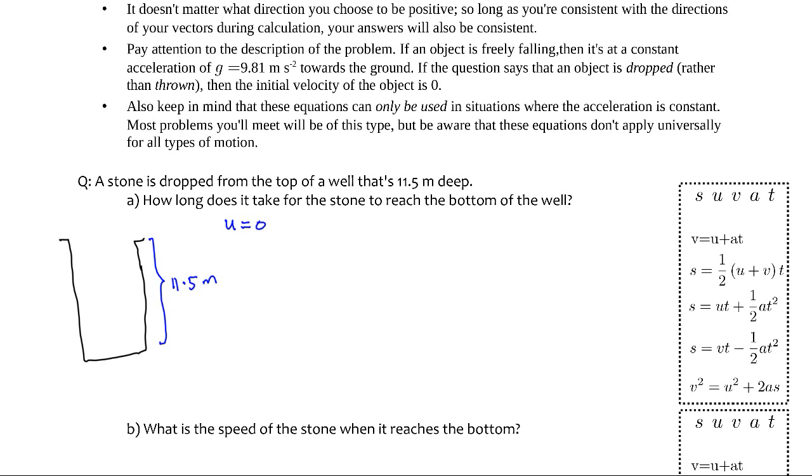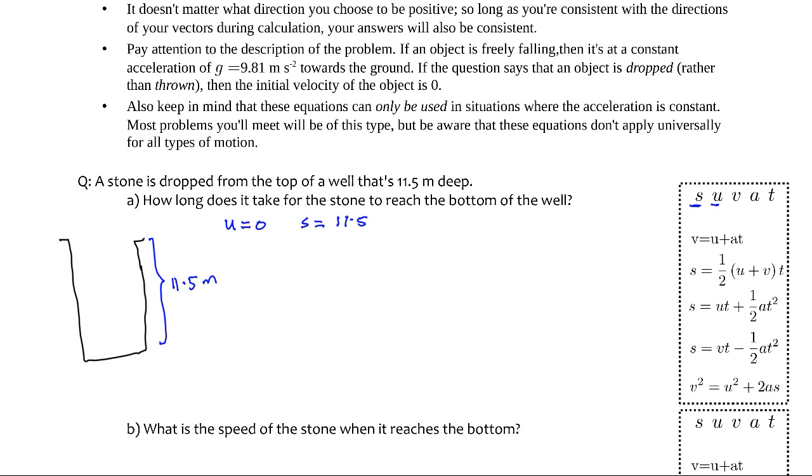So I can mark that, I know the initial velocity of the object, and I know the displacement of the object at the end of this motion. So I know that my s is equal to 11.5. I'll mark it here that s is 11.5.